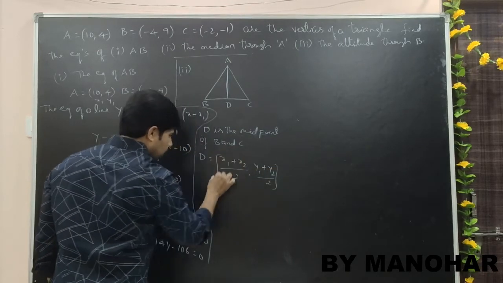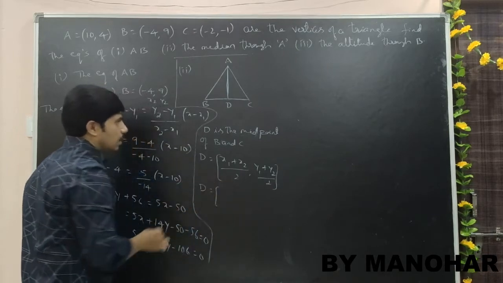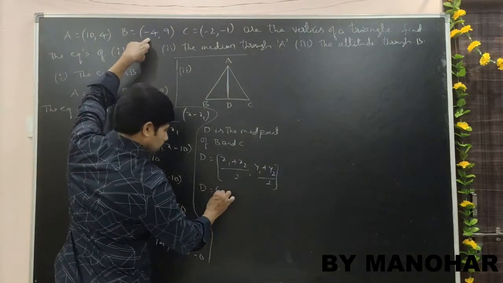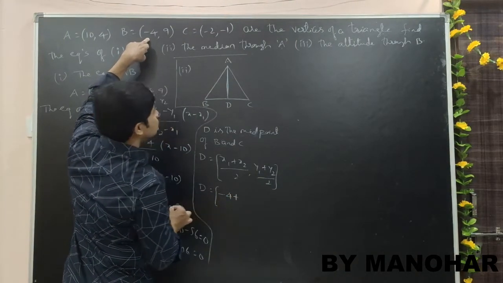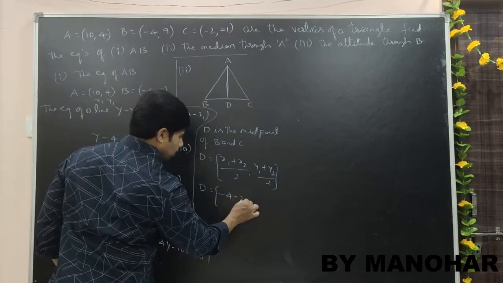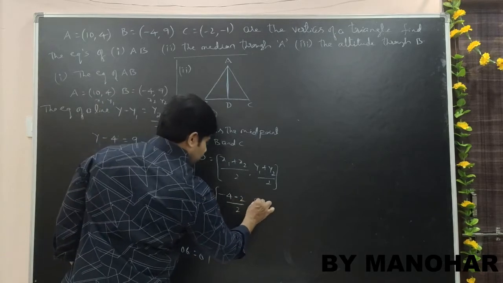Now we'll find out D. So B's x coordinate is -4 plus x2, x2 is -2. So (-4 -2) by 2 comma (9 minus 1) by 2.